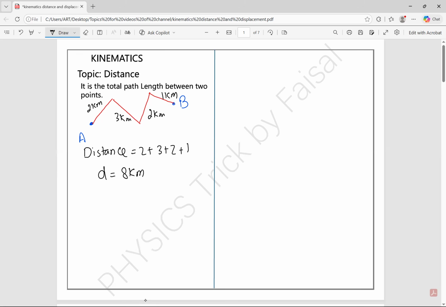Student, as you see in this question, I didn't mention any direction while calculating the distance. It means that we can say distance is a scalar quantity.